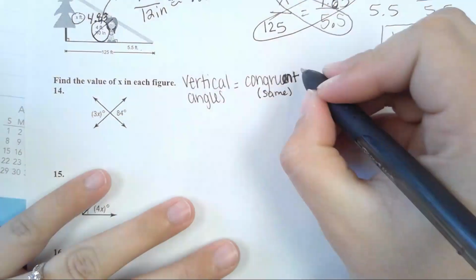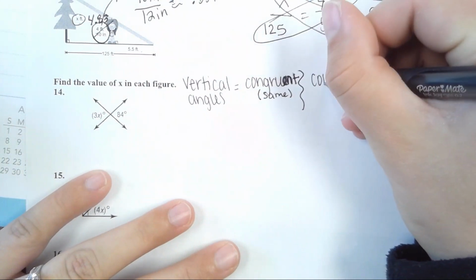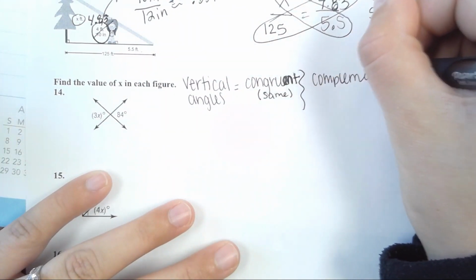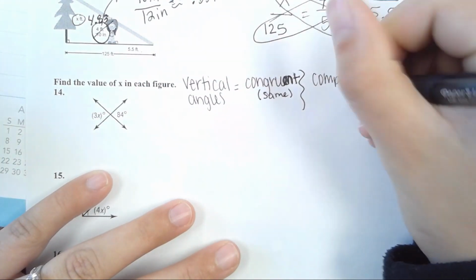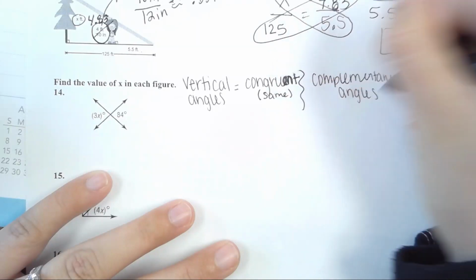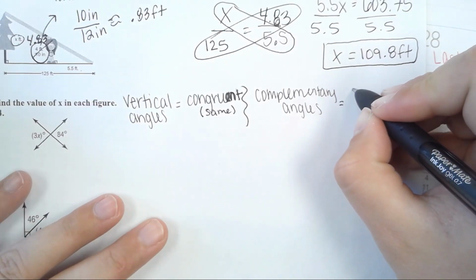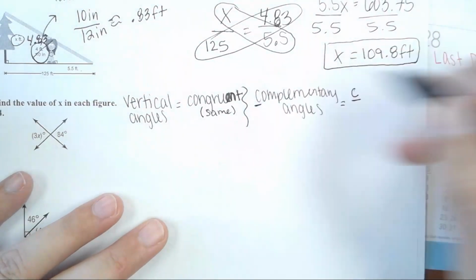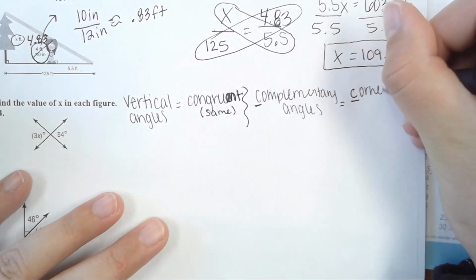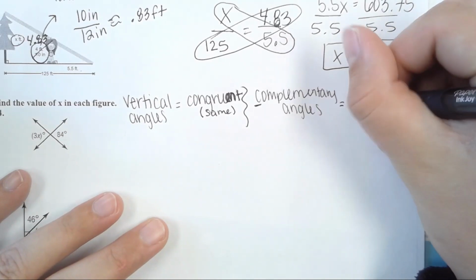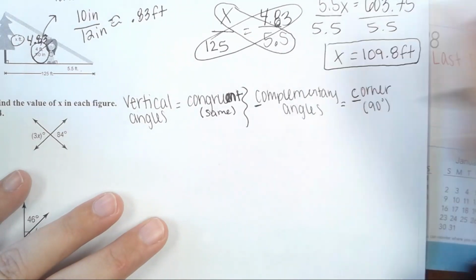If you have complementary angles, remember corner, because C and C, they both start with the letter C. And corner has that box in the corner, which means that it's going to be 90 degrees.